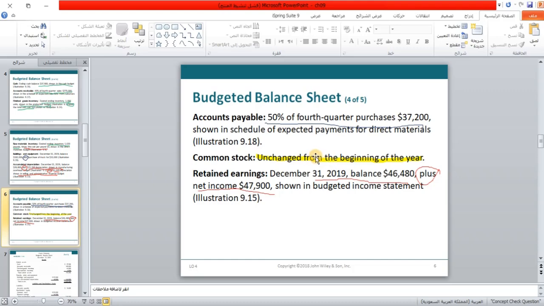In the current year there wasn't any issuing of shares, so the common stock balance is the same. Retained earnings: the December 31, 2019 balance, the beginning balance for the current year, plus net income of 47,900 shown in the budgeted income statement.